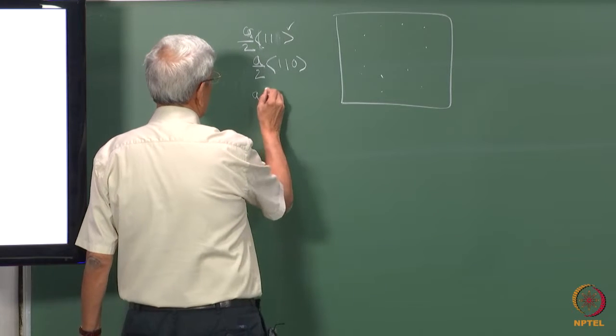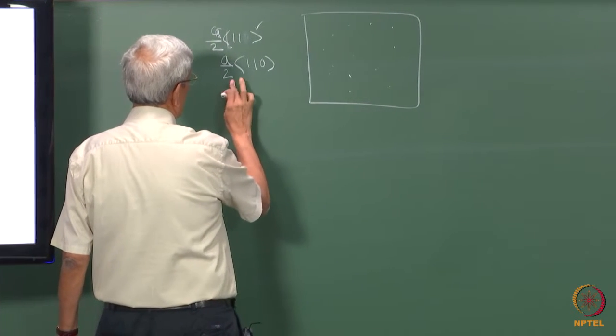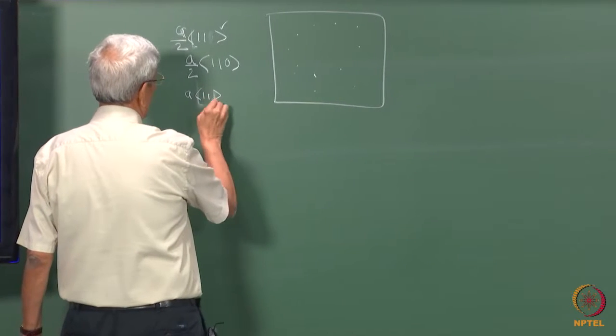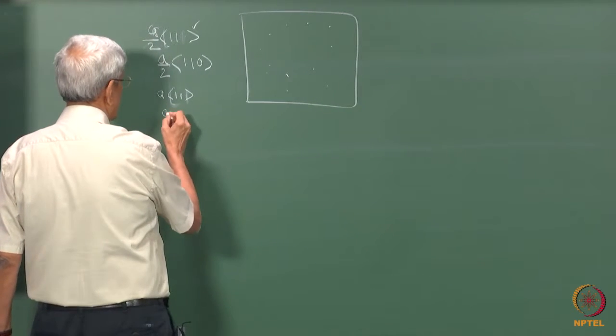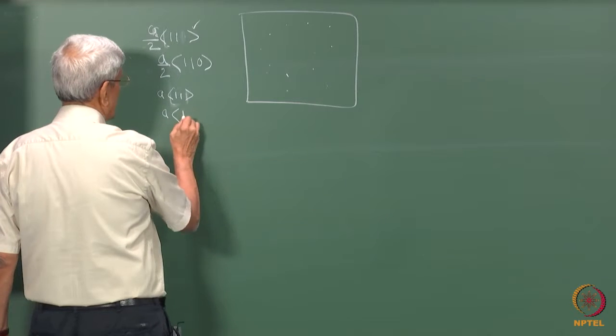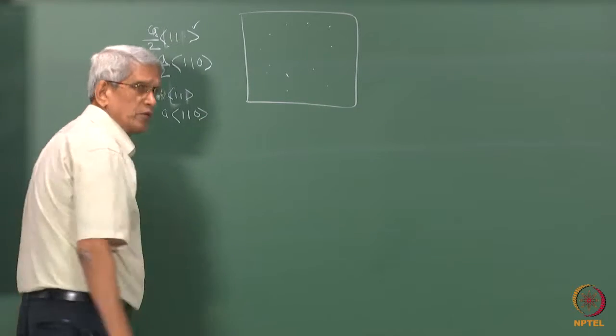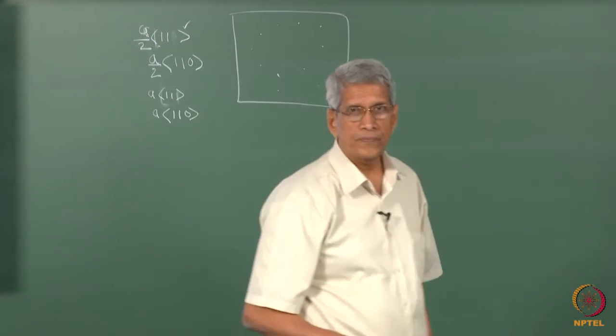That is the shortest translation vector. That is essentially a<111>, or if we consider a three-dimensional lattice, it could be a<110>, correct?